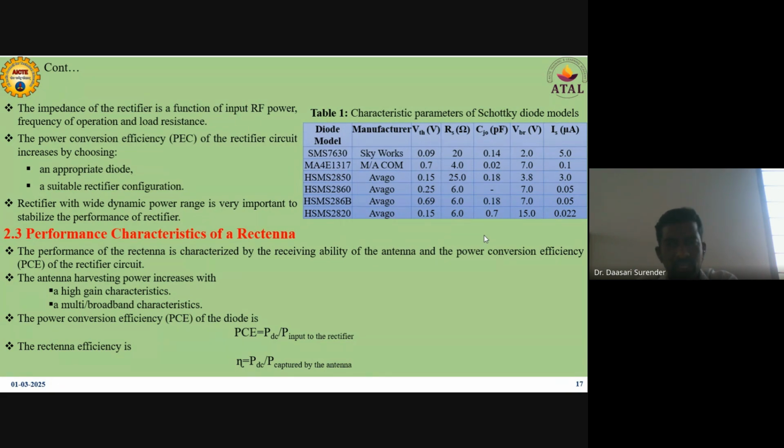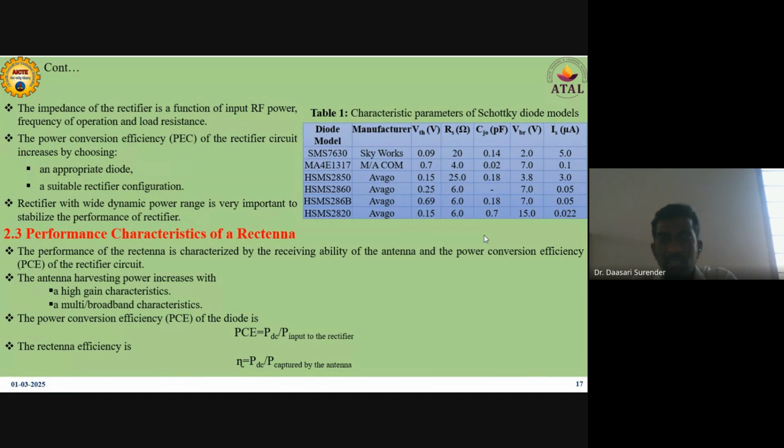And some characteristic parameters of the Schottky diode. Various Schottky diodes are presented in Table 1. You can see clearly that the HSMS 2850, 2860, and 2820 are from the Avago manufacturer.